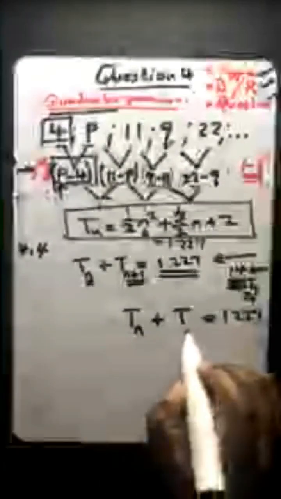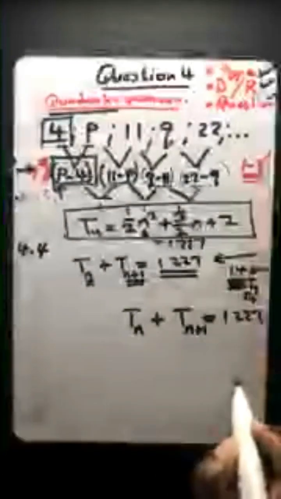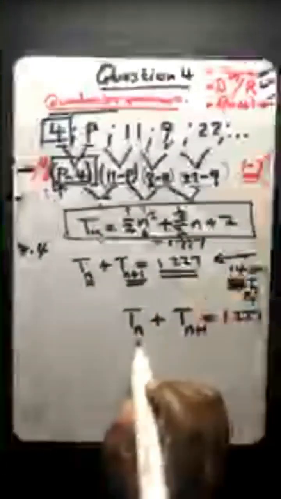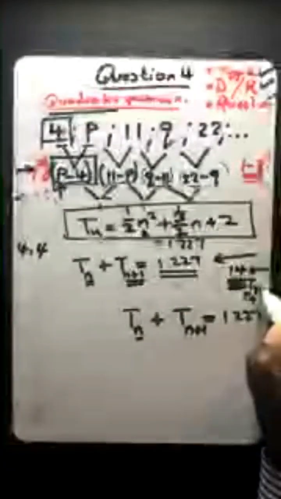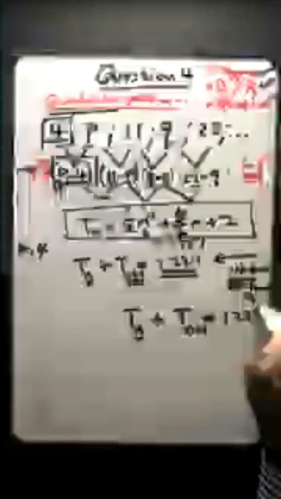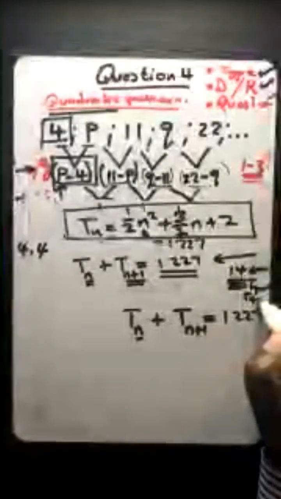And then here I'm using n plus 1 because I know the next term is going to be n plus 1. Even here you're having 3, so this other term is going to be 3 plus 1, which is 4.